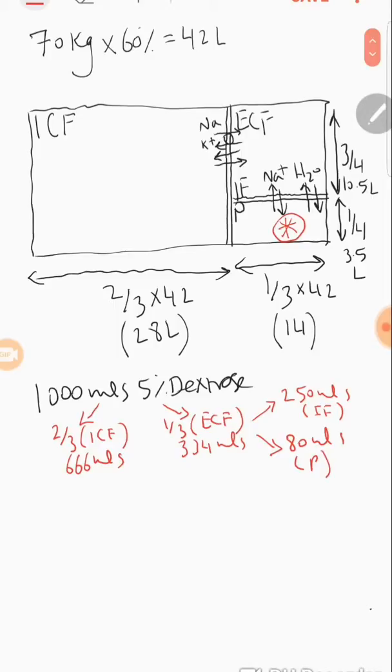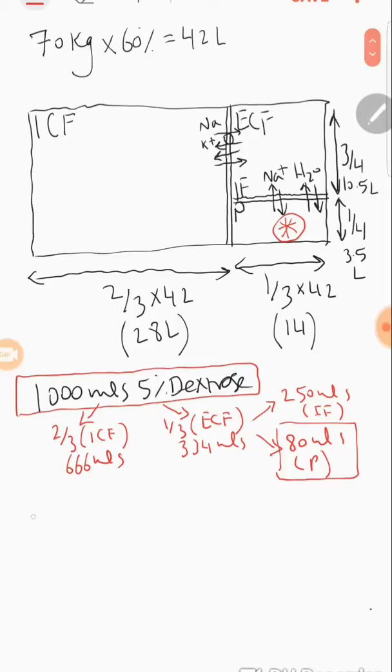So you can immediately appreciate that when you infuse a liter of 5% dextrose, only 80 mils of this fluid remains in the plasma. So if you want to bring the blood pressure up in resuscitation in a hypovolemic patient, 5% dextrose is not a great choice.